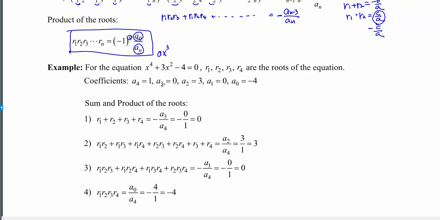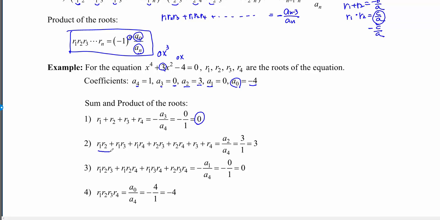Over here, this is the degree 4 coefficient, the degree 3 coefficient is 0, right? The degree 2 coefficient is how much? 3. The degree 1 coefficient is still 0, there are no x terms. So the constant is negative 4, right? So the degree 3 over degree 4 is 0 over 1, which is 0, okay?